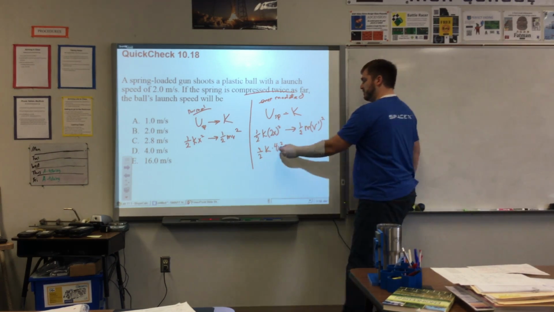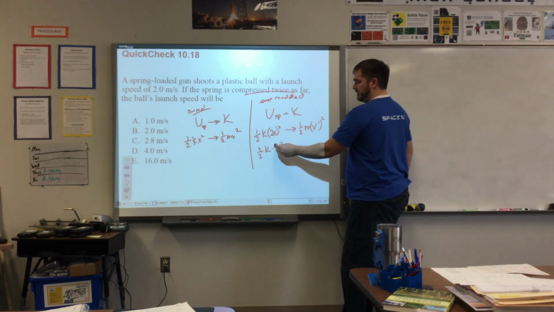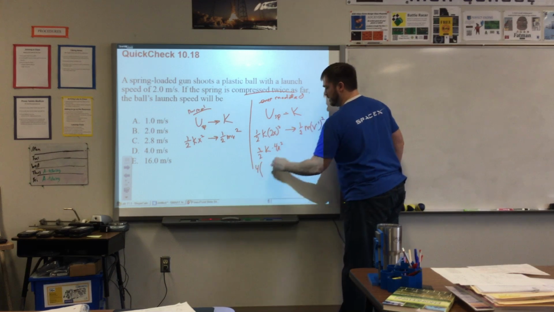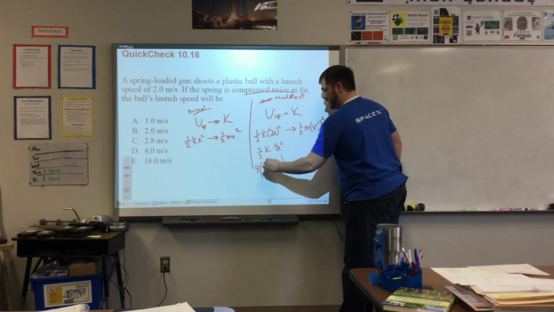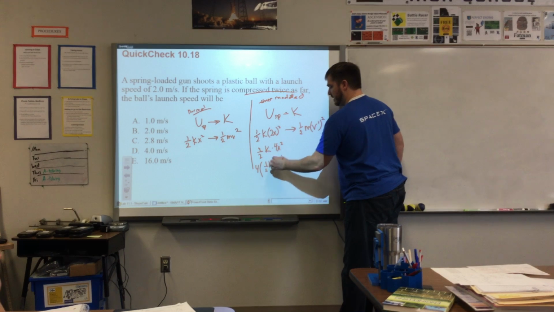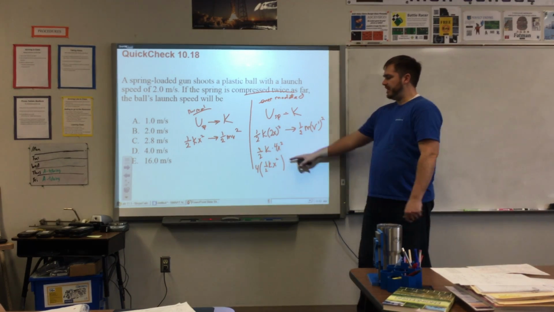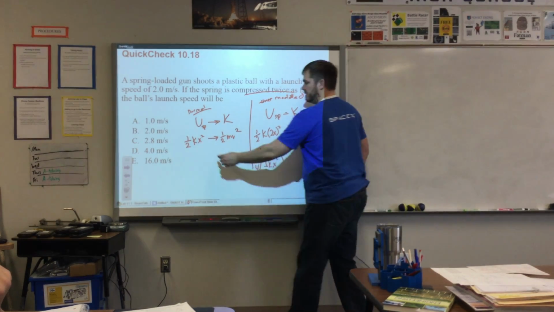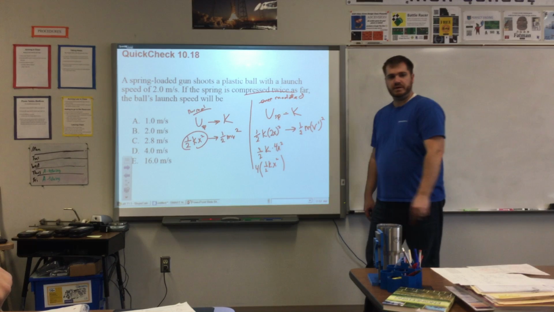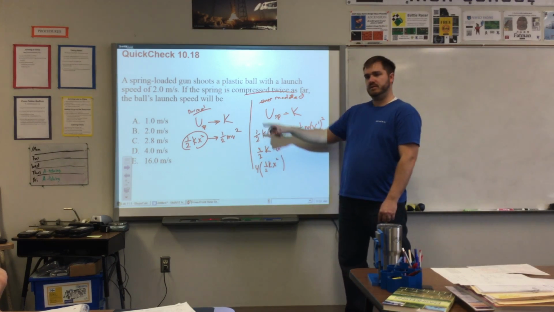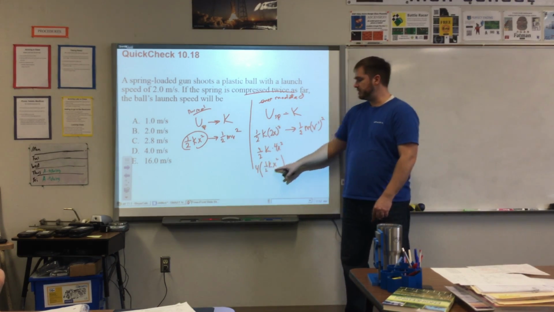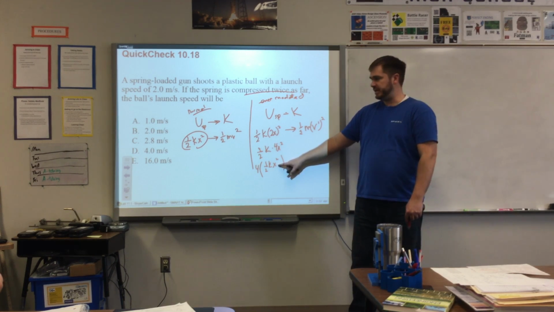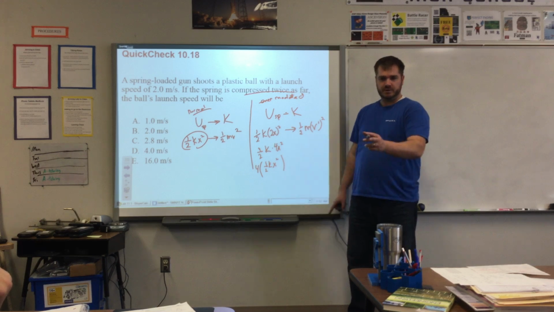And the neat thing is I can pull that 4 on the outside, and I have 1/2 k x squared. This is the same amount of energy that we had in that situation. So we have 4 times as much energy available to us. Making sense?